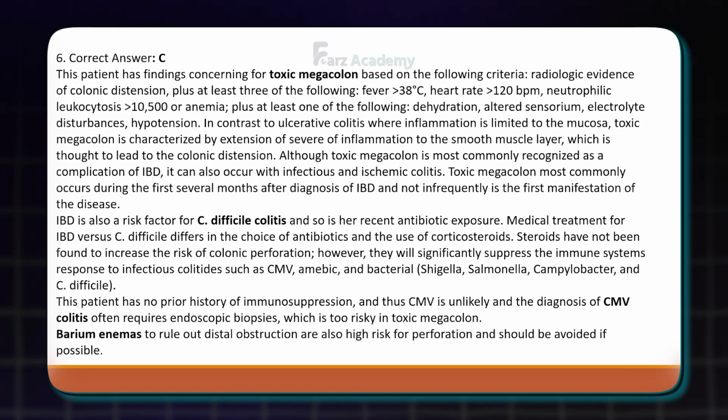Last, this patient has no prior history of immunosuppression, so CMV is unlikely, and the diagnosis of CMV colitis often requires endoscopic biopsies, which are too risky. Barium enemas to rule out distal obstruction are also high risk for perforation and should be avoided if possible. Okay, the next test in this would be to just do the C. difficile toxin to rule out Clostridium difficile infection in this patient.